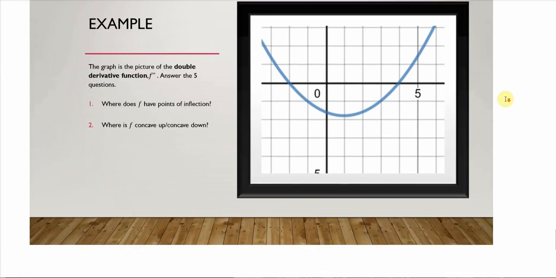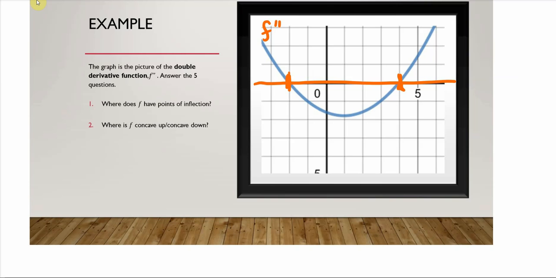So we're going to look at the exact same graph, but now we're going to call this graph f double prime. So now I'm going to do my sign chart. There it is. And it crosses there, and it crosses there. Now, if this was f, I would call these my zeros. If this was f prime, I would call these CPs. If these are f double prime, I'm going to call these possible points of inflection.